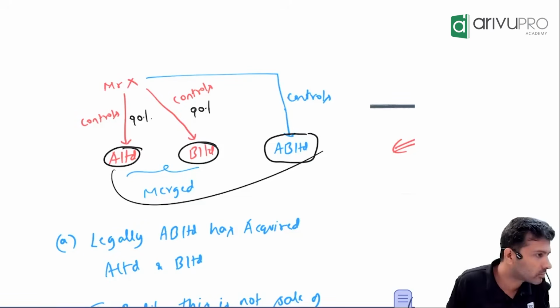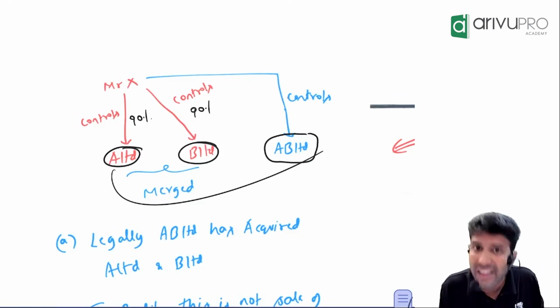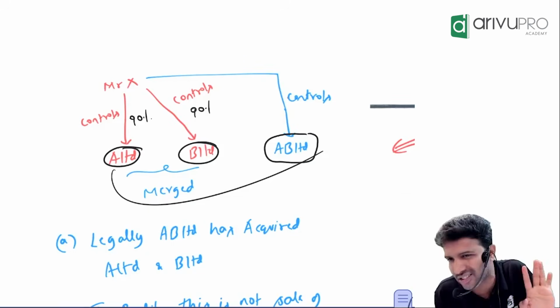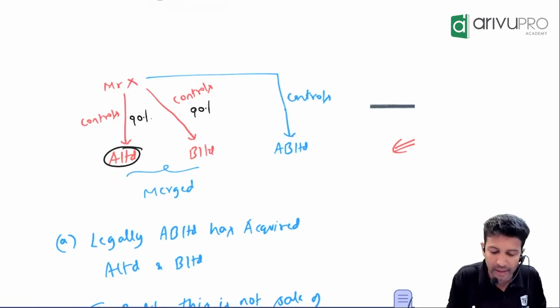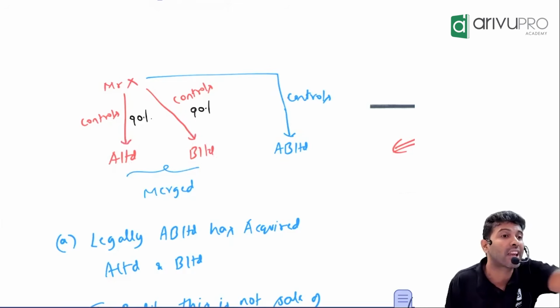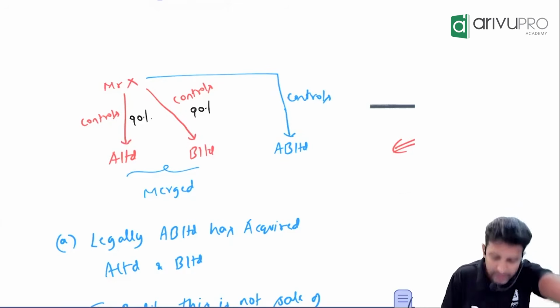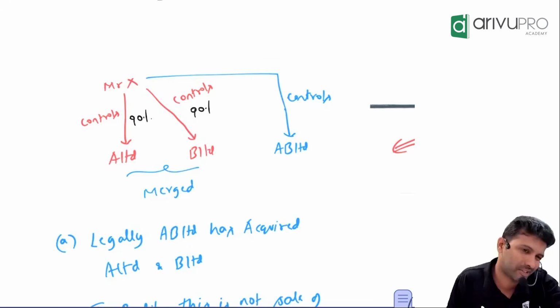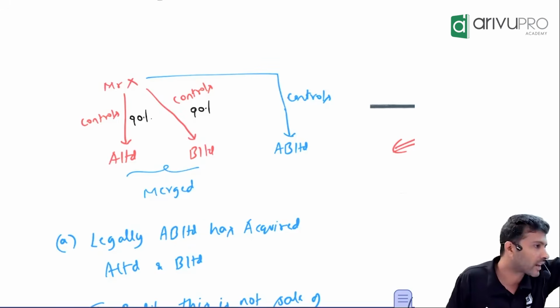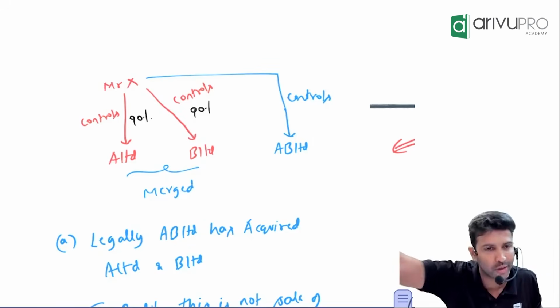No, because A Limited is legally not in existence. So under the merger method, the share capital of A Limited and B Limited cannot be taken. Instead, AB Limited issues new shares as PC. So instead of old share capital, new shares will be issued as a substitute.